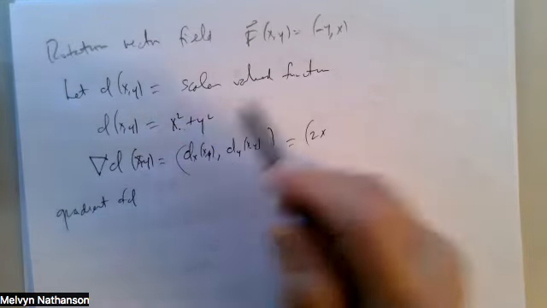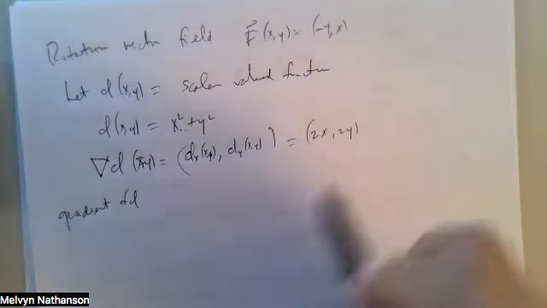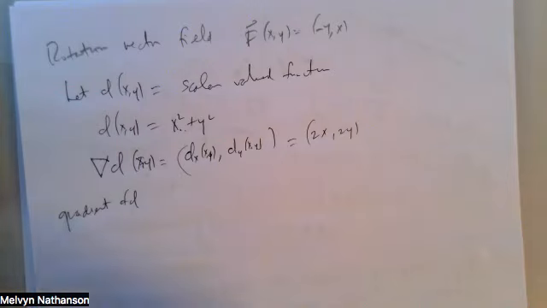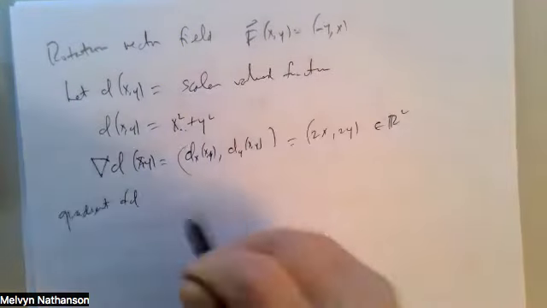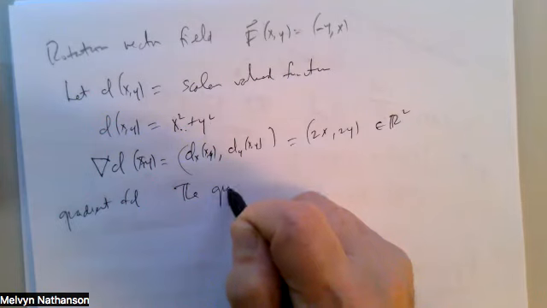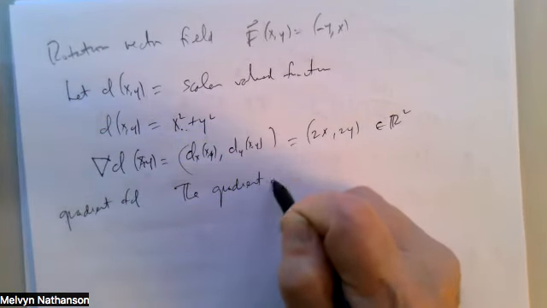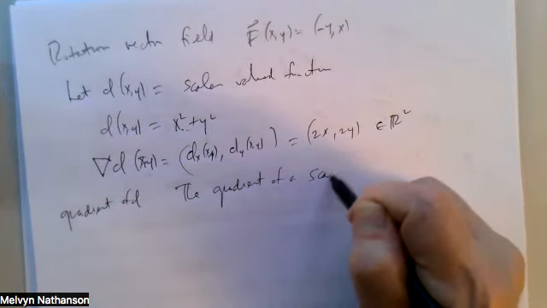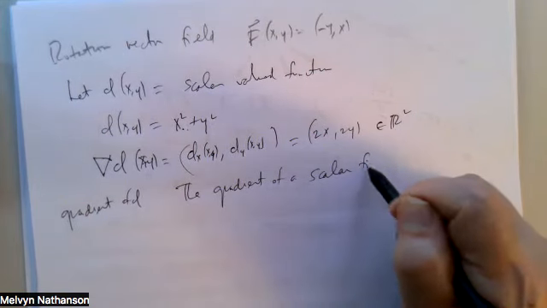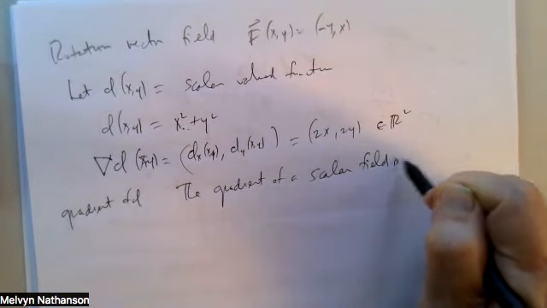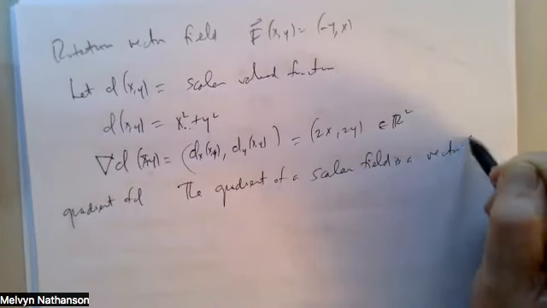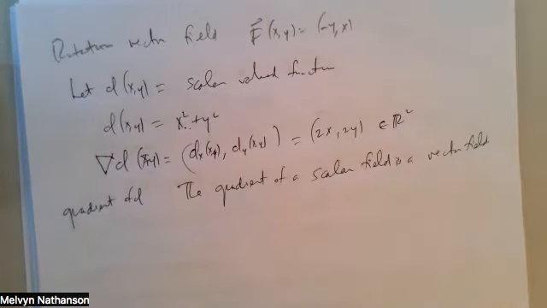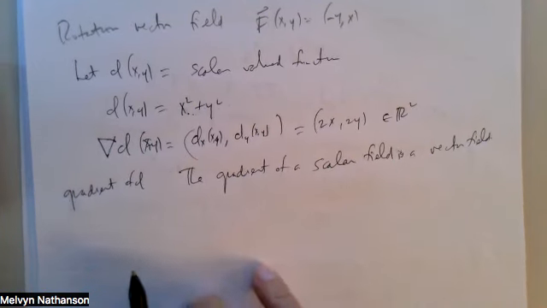You differentiate this with respect to y, you get 2y, which is a vector in R2. So the gradient of a scalar field is a vector field. And sometimes a vector field is the gradient of some scalar field.